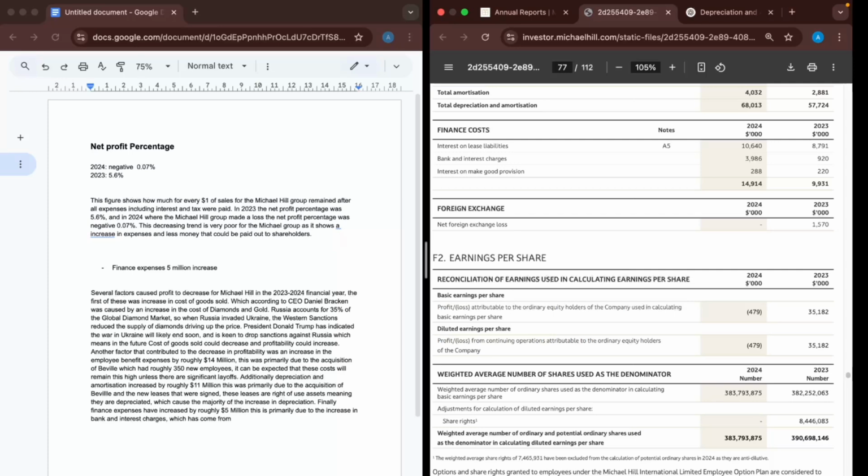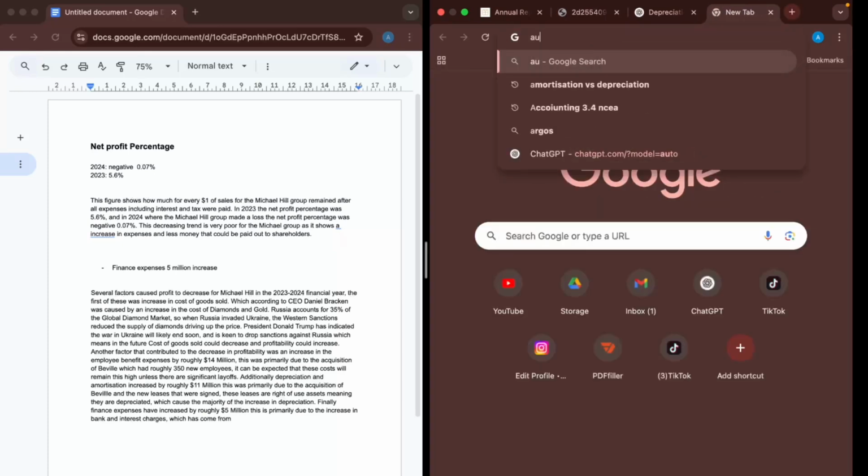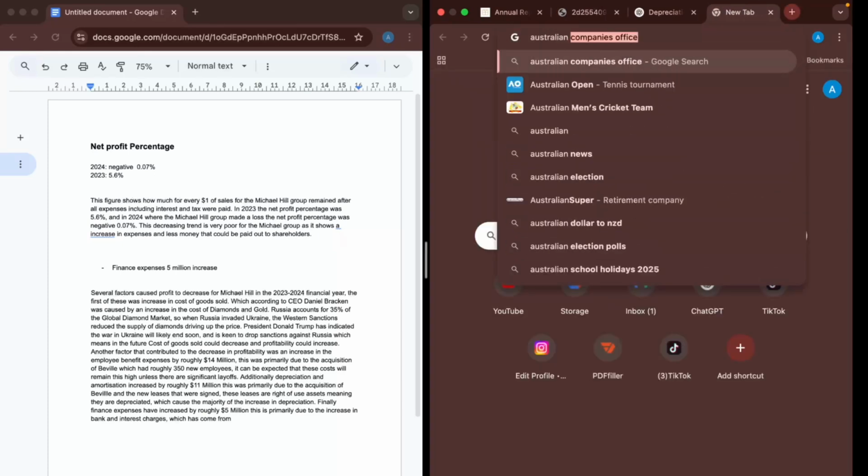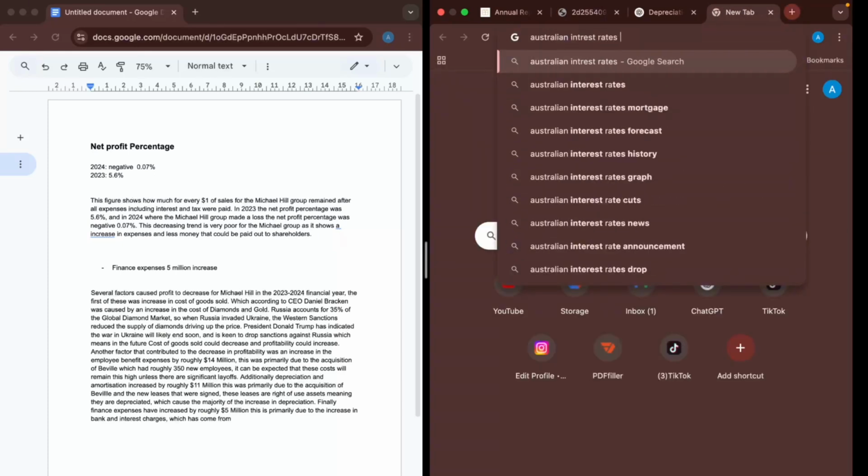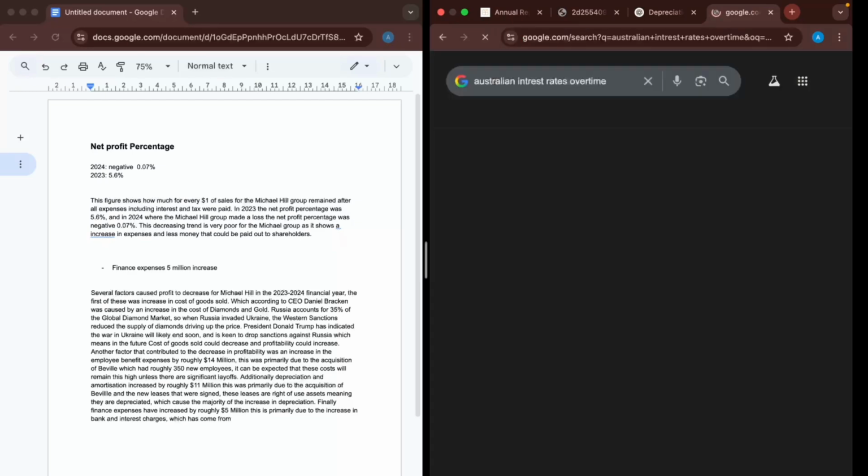of maybe loans coming into a new term where they just are no longer a fixed interest rate. We know that interest rates in Australia are decreasing, and were they decreasing in 2023? We'll check. Australian interest over time.